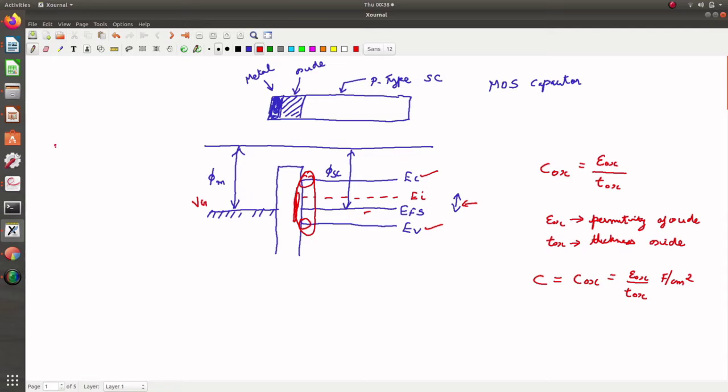If you remember, the categories were accumulation, depletion, and inversion. In case of the p-type semiconductor, accumulation happens when Vg is less than 0, and it moves to the depletion type when Vg is greater than 0, and as we increase Vg, it moves on to inversion.